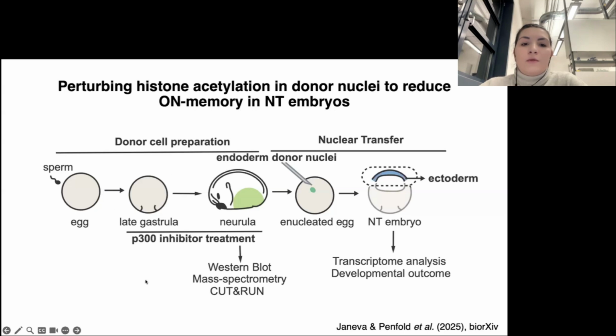For this purpose, we treated the donor cells with P300 inhibitors to prevent the deposition of acetyl marks, profiled the embryos biochemically and genome-wide, and performed a nuclear transfer to understand how this perturbation in the donor nuclei affects the transcriptome outcome and the development of the cloned embryos.